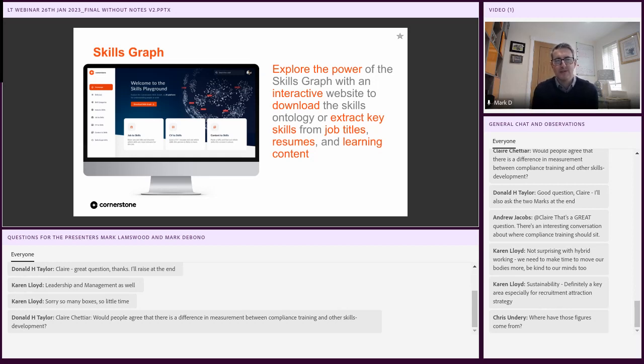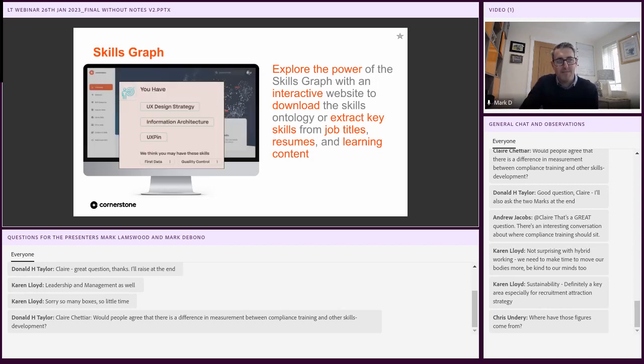All that the skills graph needs to have is the job title of the individual. And the more information that you have around that job title, the more skills will be detected by the AI, which allows you to see, for example, things around proximity. In the example on the page, you have somebody that has a certain skill, but the solution and the skills graph will recommend synonyms of skills that we think would be recommended for that person.